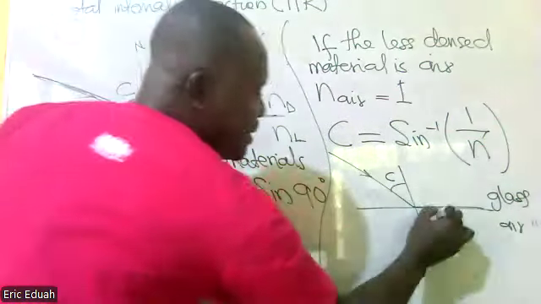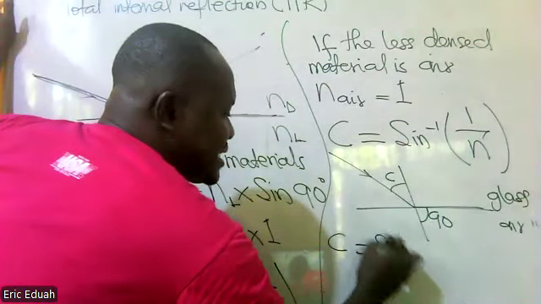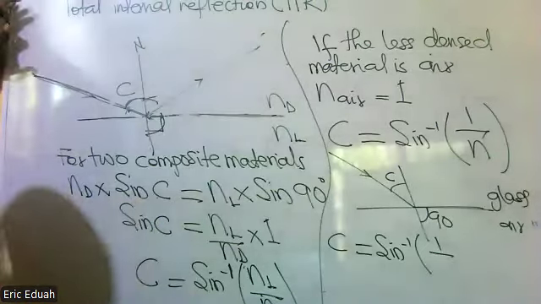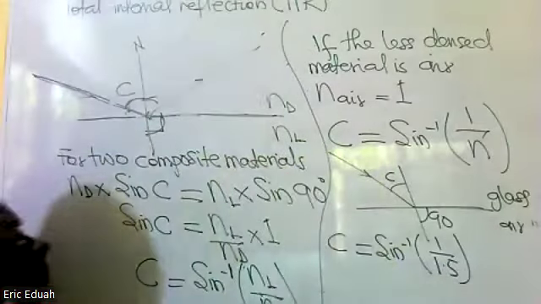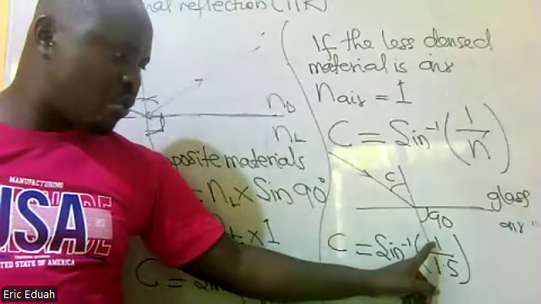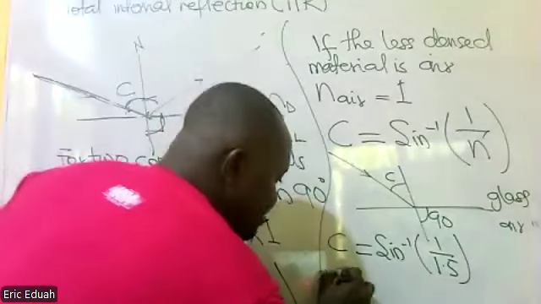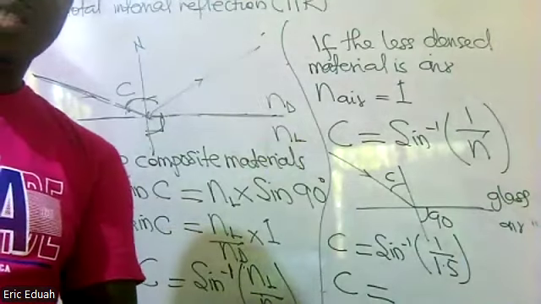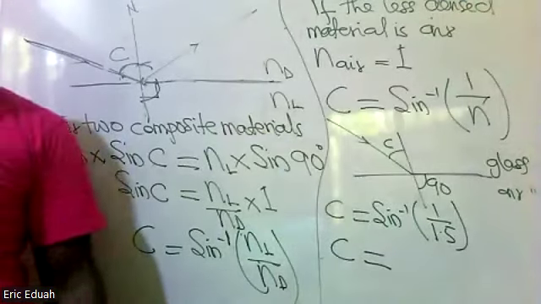So if I want to determine the critical angle of the glass, then C will be equal to the sine inverse of 1 over the absolute refractive index of glass, which is 1.5. Help me divide 1 by 1.5 and then take the sine inverse and then give me the value of C. Please do that for me quickly. Sine inverse of 1 over 1.5 in the bracket.